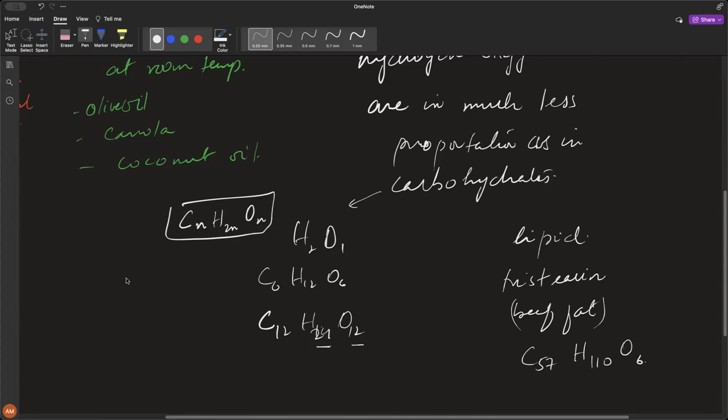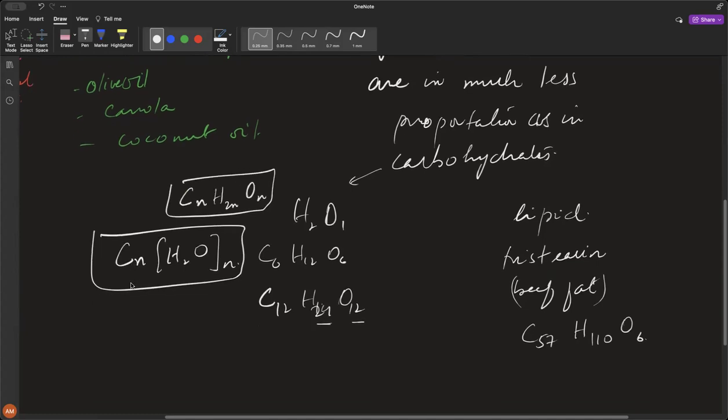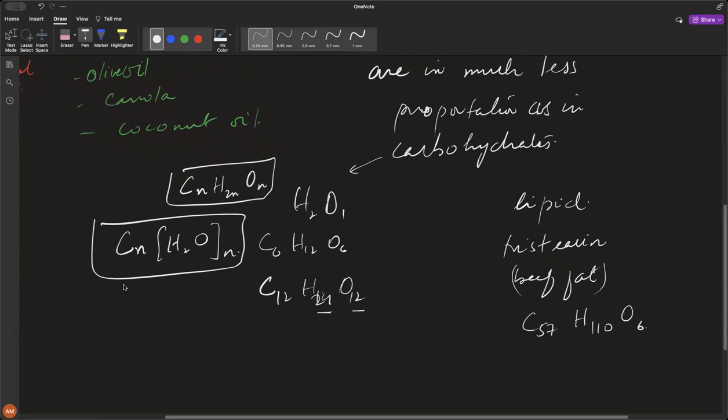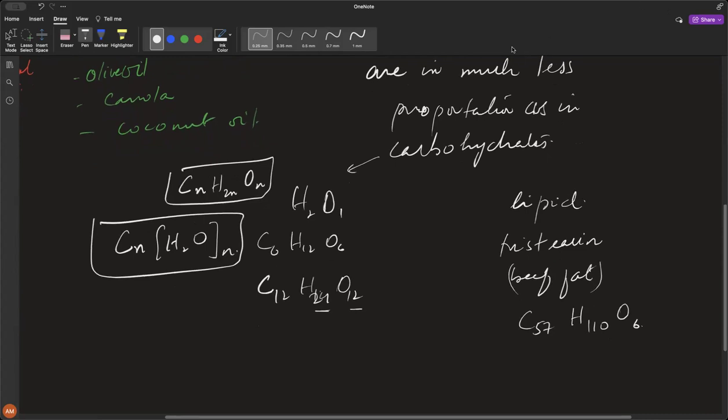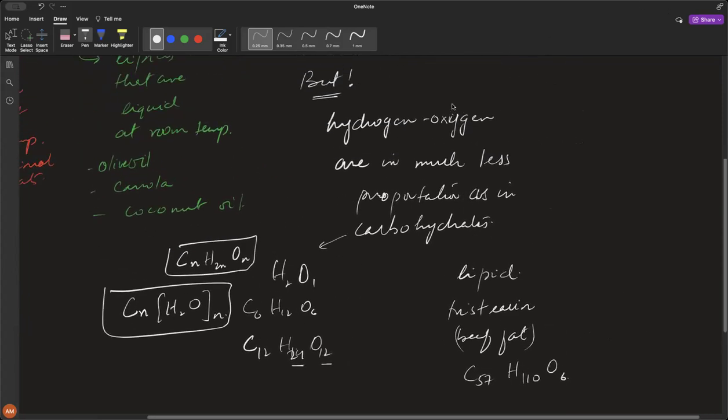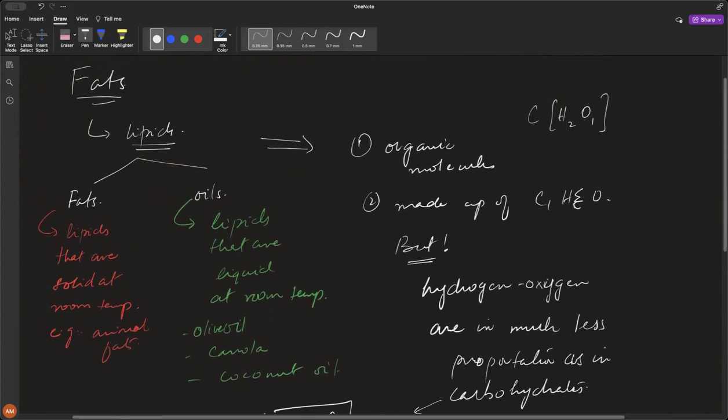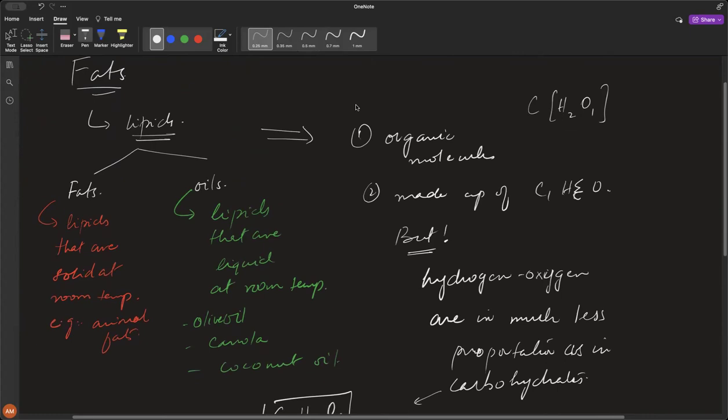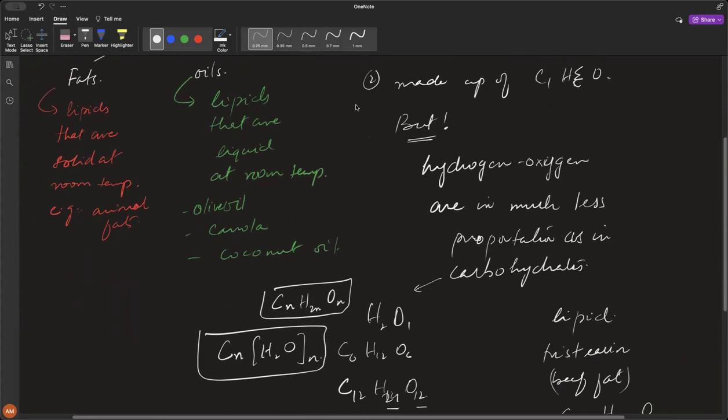But we do not have any general formula for lipids. Is this making sense? And are you writing this down, everything?